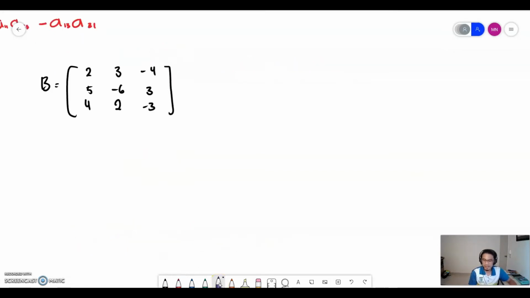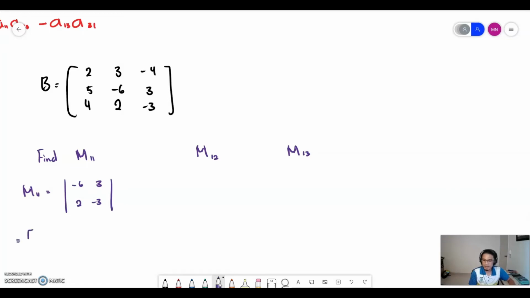Okay, here is another example, matrix B. Now I have real numbers as the elements in the matrix. Now I want to find the minors M11, M12, and M13. M11 means I delete the first row, then I delete the first column. So what is left is negative 6, 3, 2, and negative 3.